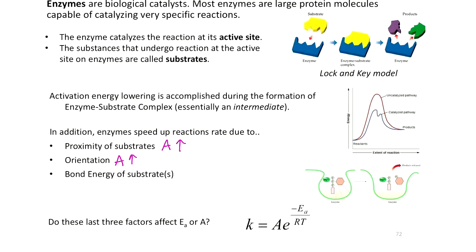And the last idea here is when we have the reactants in the pocket, we can pre-weaken the chemical bonds for the chemical reaction to occur. So what does that change in the Arrhenius equation? If we pre-weaken the bonds? Activation energy, yes. So it becomes easier to get over the hill. All right, so that's how enzymes speed up chemical reactions too.